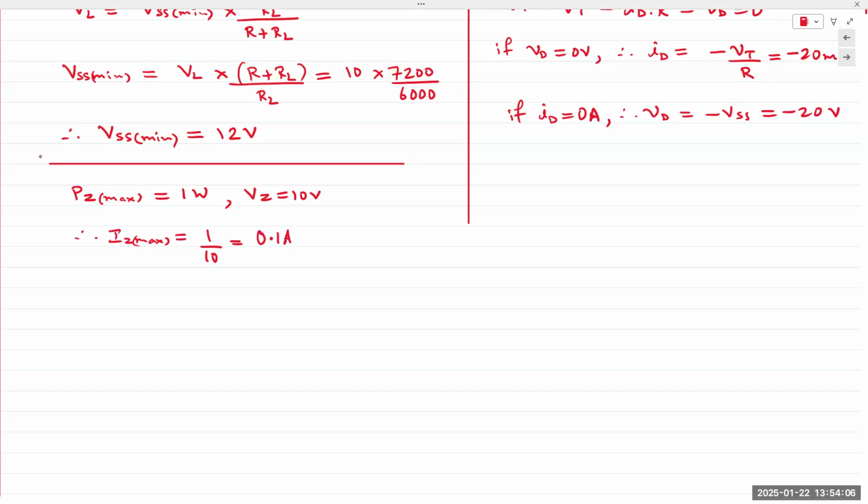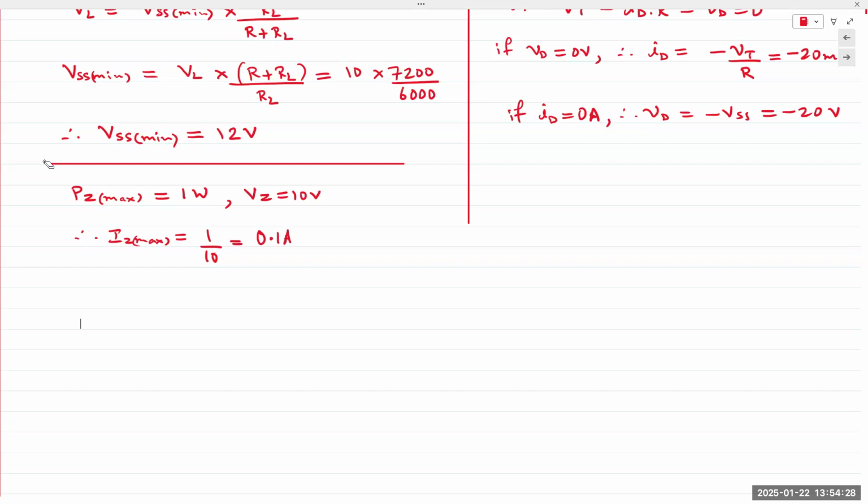Like typical current values, especially what you use in the lab, would be a few milliamps or less. Okay, 100 milliamps is a large number. So if IZ max is 0.1 amp, from the above KCL we can find IL or IL max.